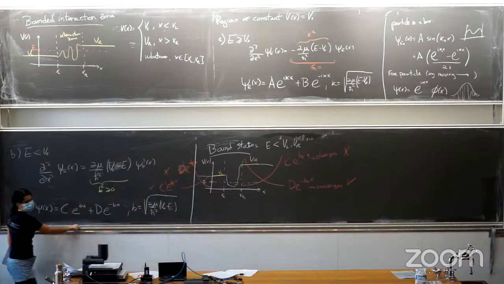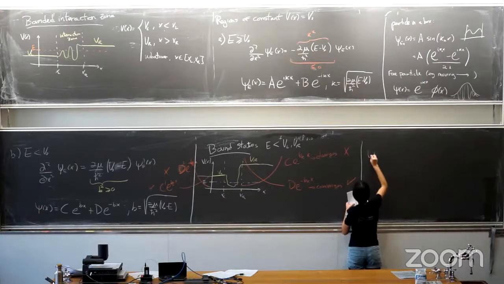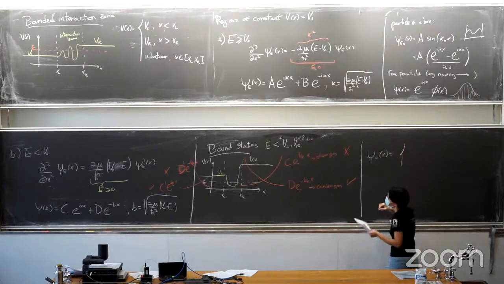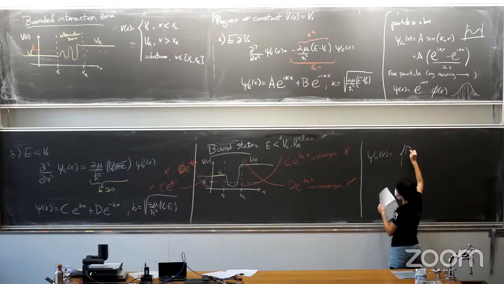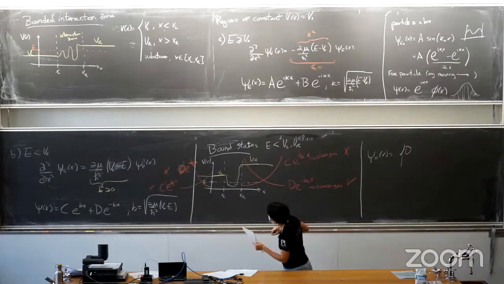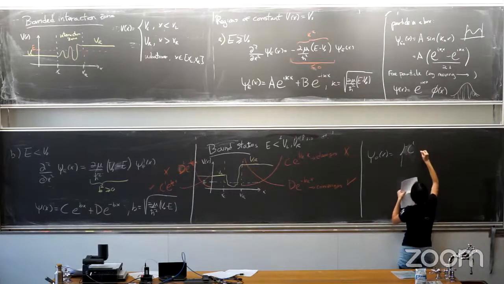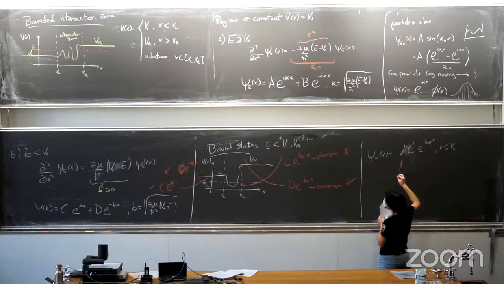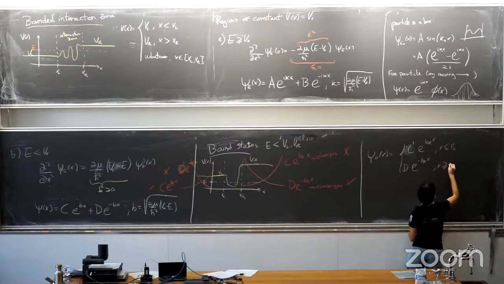So then what are the solutions here? Psi 0 of X is going to be C, or C prime, whatever you want to call it, e to the BRX for X larger than XR. And D, yeah, actually there's a typo in this note, for X smaller than XL.